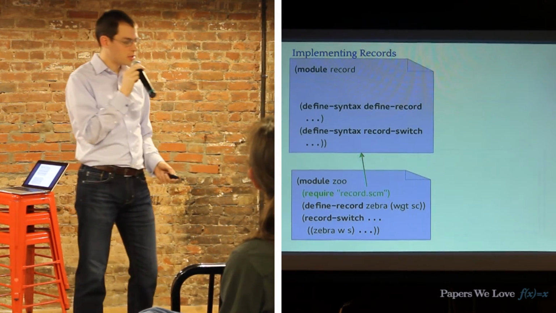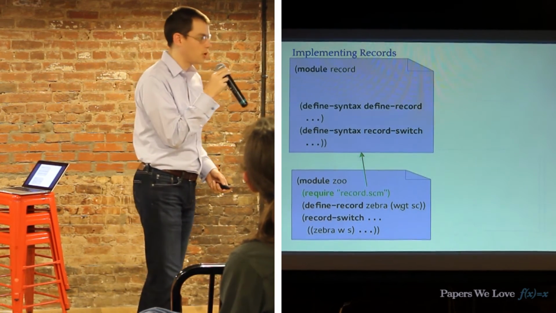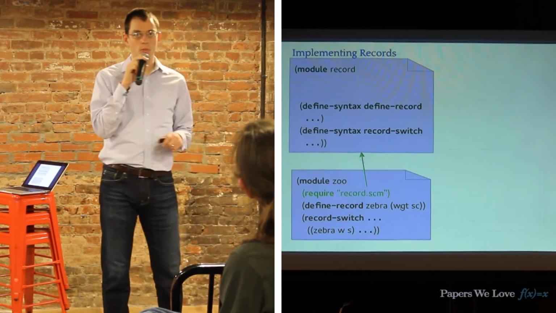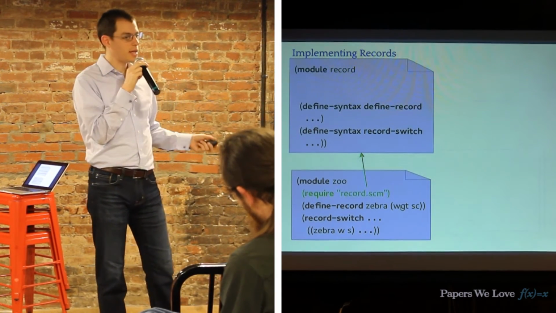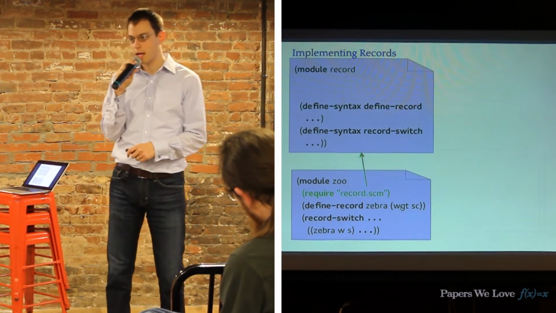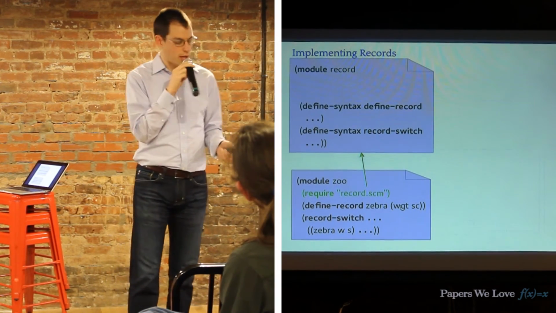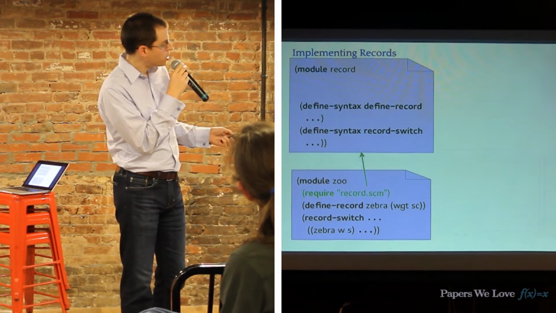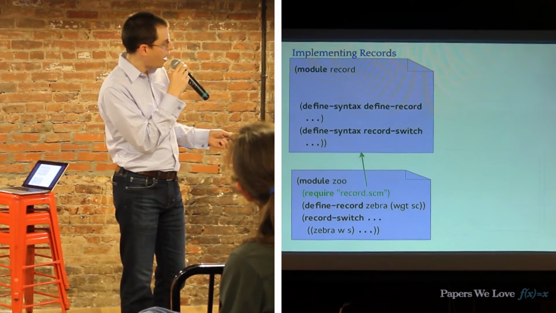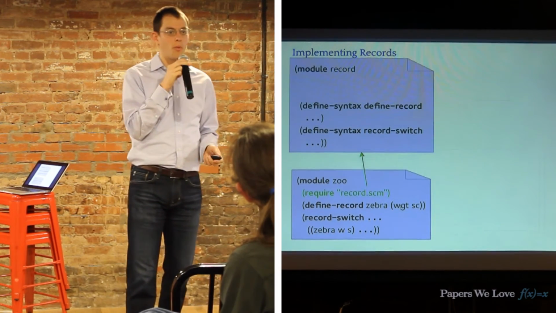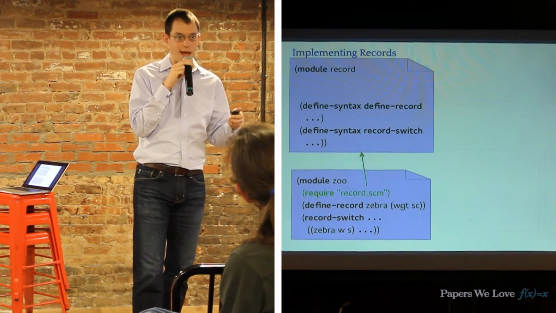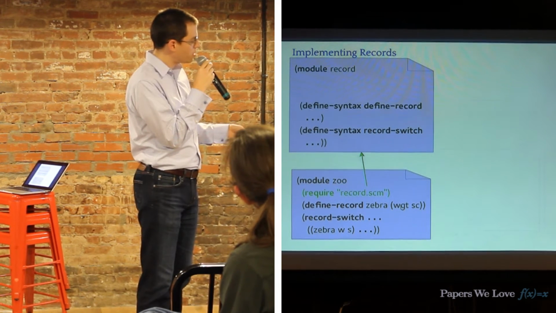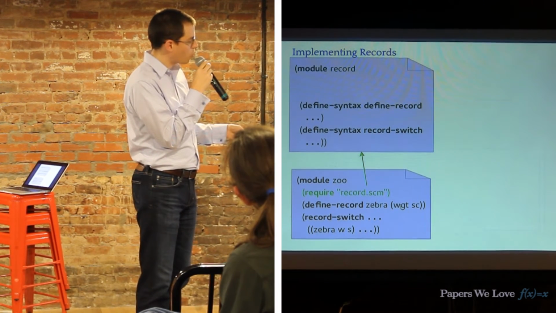So this is maybe a good place to point out one little subtle point, which is: when you write a syntax definition, what's runtime and what's expansion time? We use record-switch and define-record at runtime, but we implement them at compile time. So we can use define-record with a regular require.